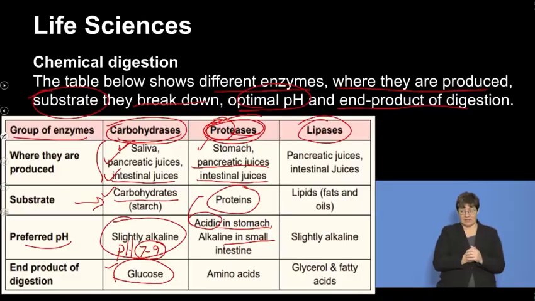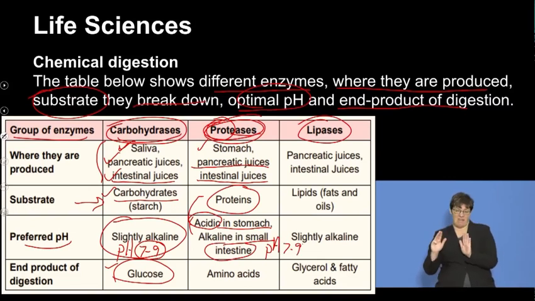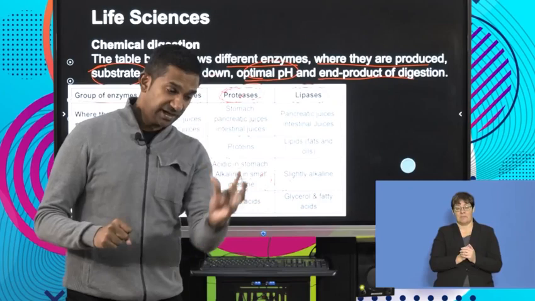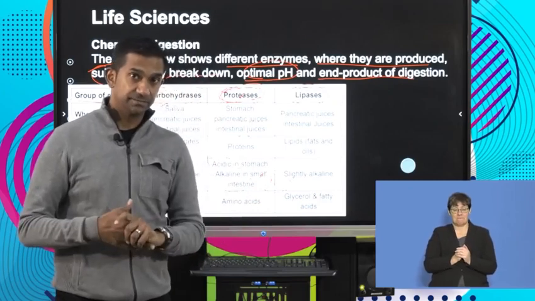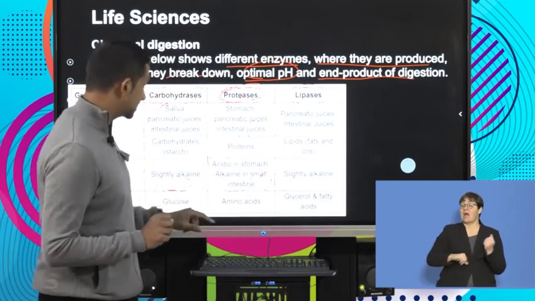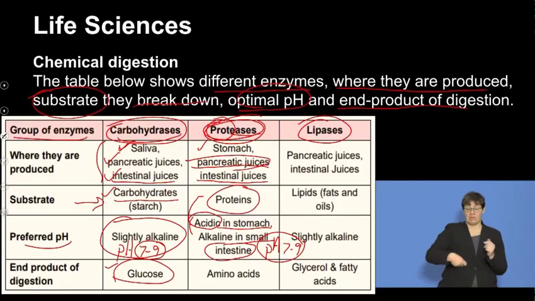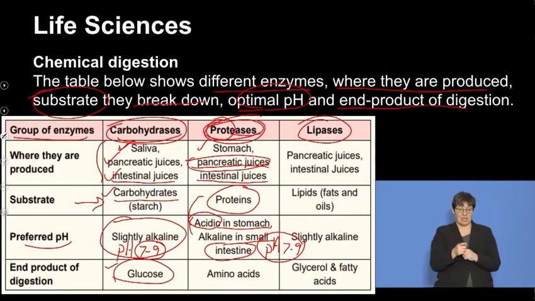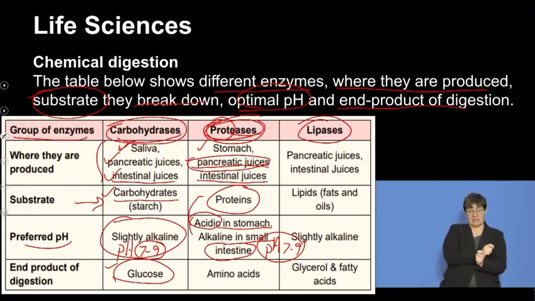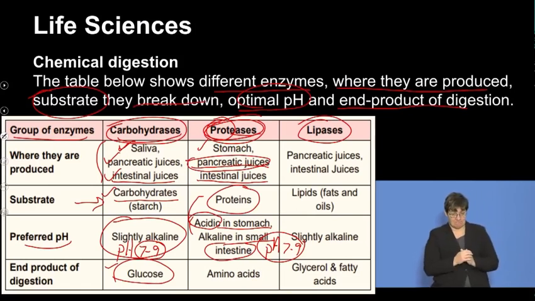However, when the chyme moves into the small intestine, we see a change in pH that now becomes alkaline. So it's between 7 to 9. It means that there's a radical change from being acidic in the stomach to being alkaline in the duodenum. To assist with this, the pancreatic juices produce alkaline enzymes to adjust the pH as the chyme moves from the stomach into the small intestine.